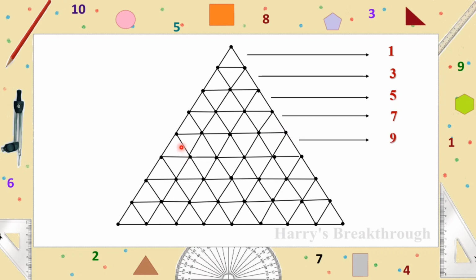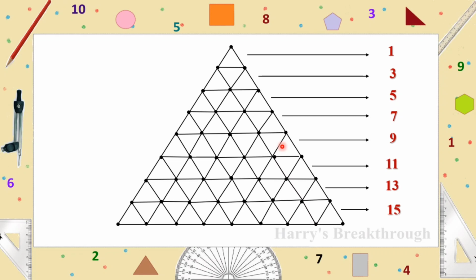So there will be 9 triangles in the fifth row, right? So in the sixth row, there will be 11 triangles. And in the seventh row, there are 13 triangles. So in the eighth row, there will be 15 triangles.